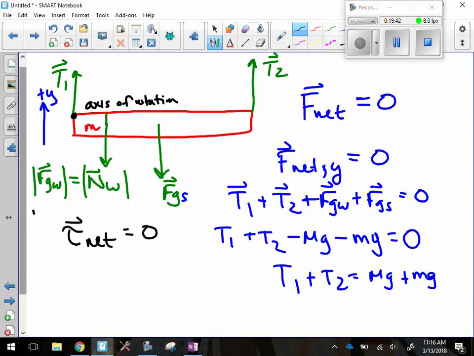It would also be nice if you wrote above tau net equals 0 about axis of rotation at left end of scaffold, or something else equally descriptive so that I know where your axis of rotation is. Okay.